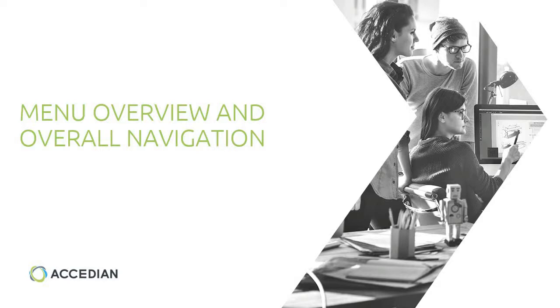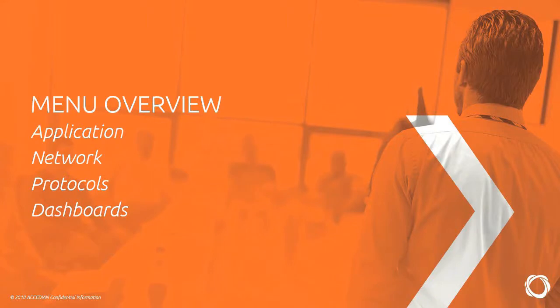We are going to talk about the menu overview and overall navigation of the PVX SkyLIGHT product. We're going to talk about the application menu and the different options that are available to you.